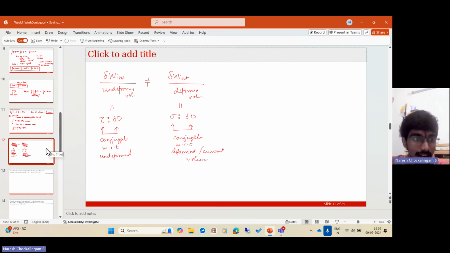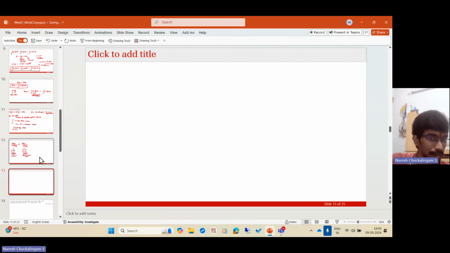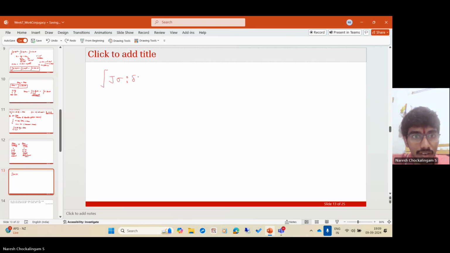Right. Now, if you look at it further, we saw that the integral of J sigma double dot del D defines an internal virtual work.